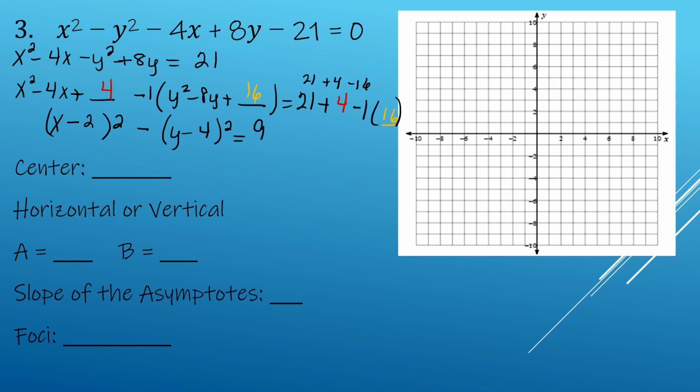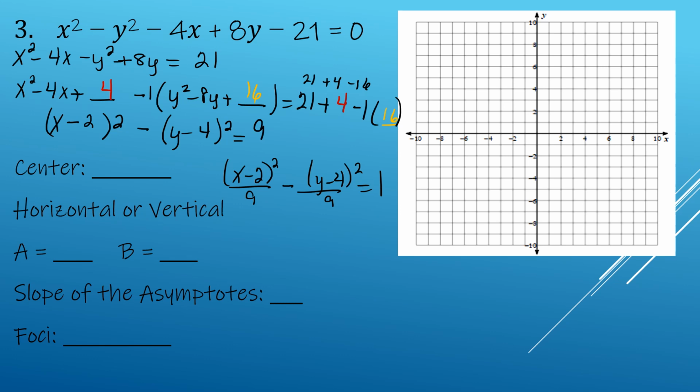We then do need to divide every single term through by 9 in order to get our equation into standard form. So we'll have x minus 2 quantity squared over 9 minus y minus 4 quantity squared over 9 all equals positive 1.